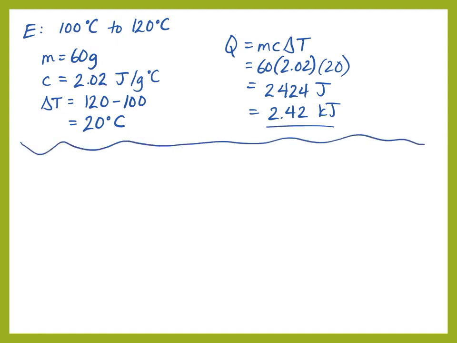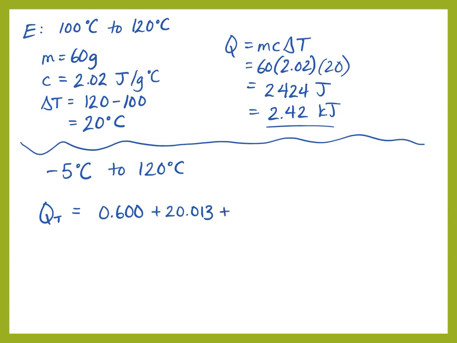So for that entire system to go from -5 degrees Celsius to 120 degrees Celsius, my total heat is equal to the heat at each of those different sections. We started with going from -5 to 0 degrees Celsius, and it took 0.600 kilojoules for that. Then it was 20.013 kilojoules of energy to convert that 60 grams of water from a solid to a liquid.